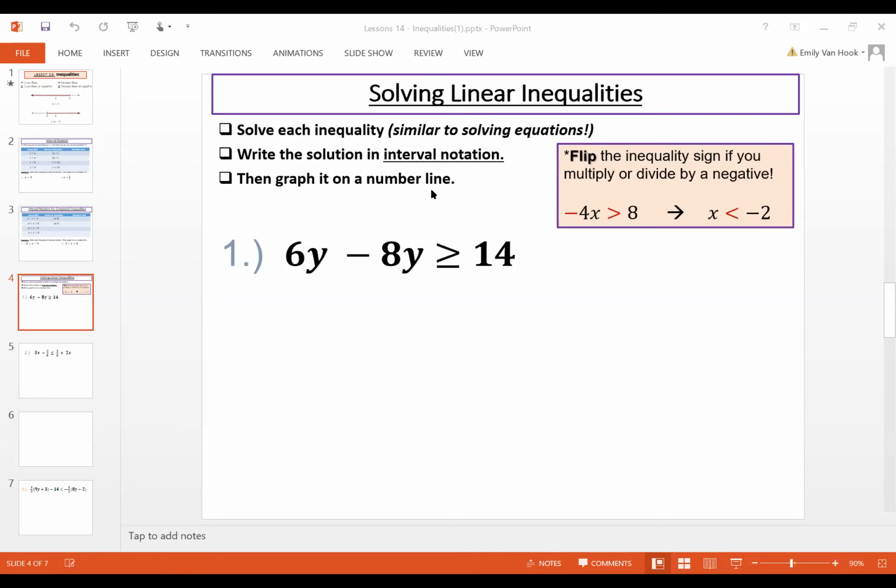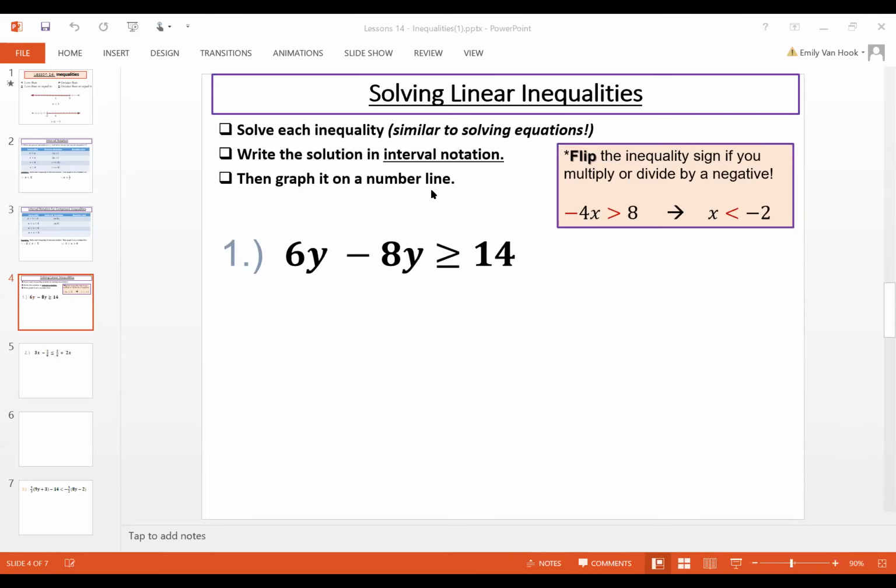So with equations, when we got an answer, like for example, x equals 2, we didn't graph it on a number line because it would have just been a dot on a number line, which isn't very interesting. The answer would be x equals 2, and that's it. Now, the answer to an inequality, it's a whole set of numbers that goes on forever towards infinity or towards negative infinity.